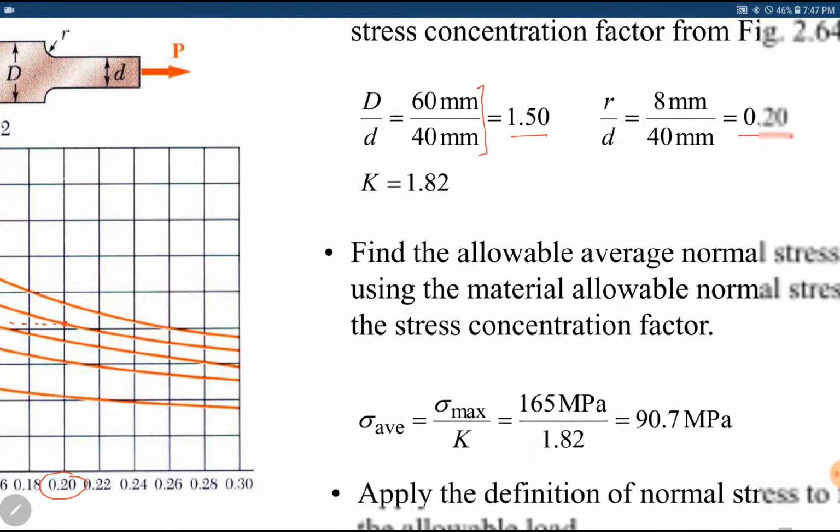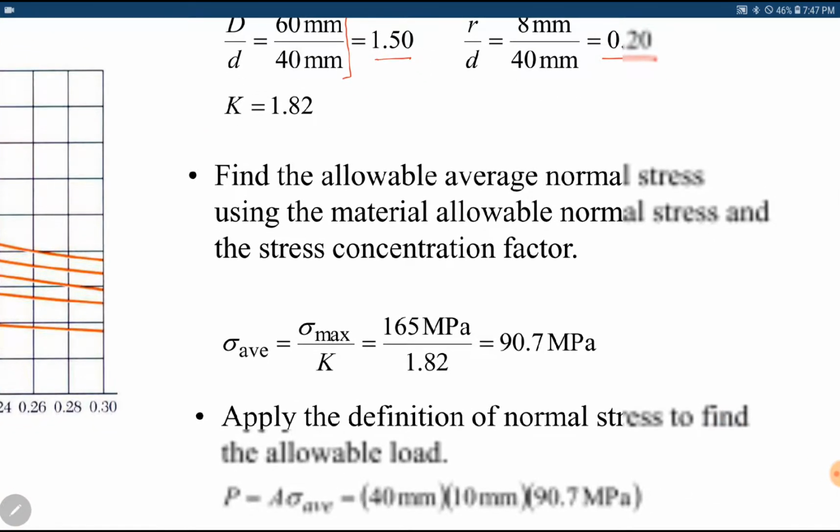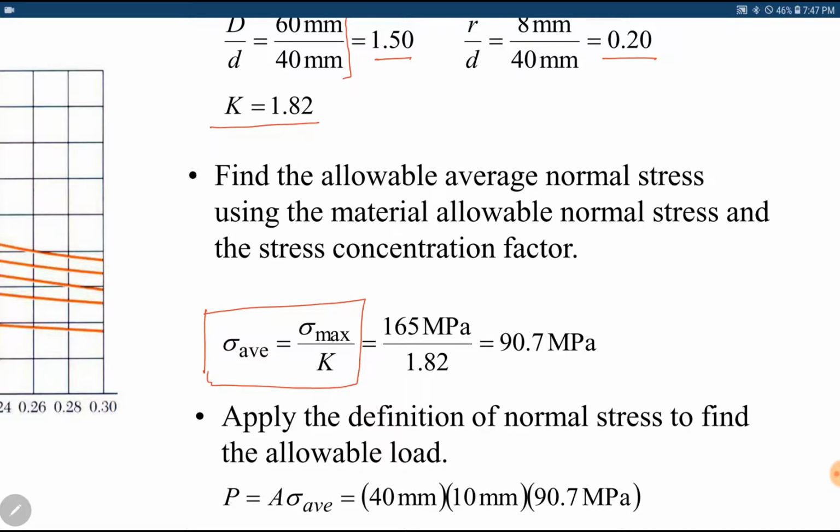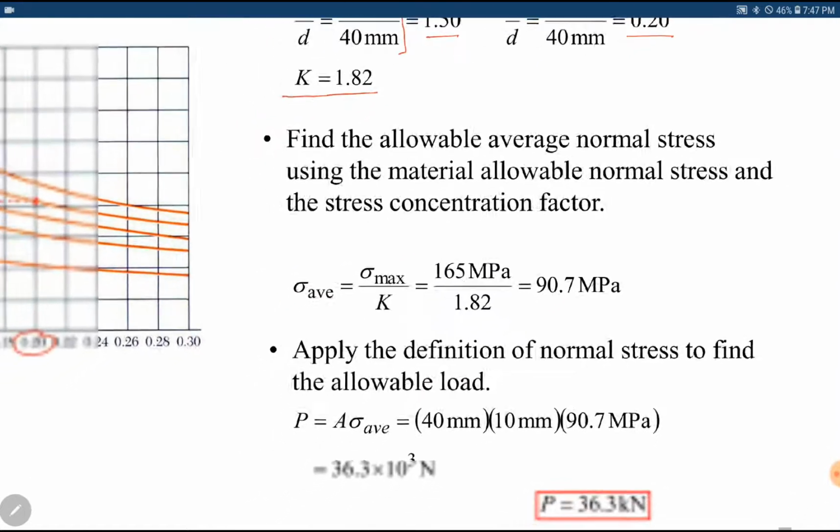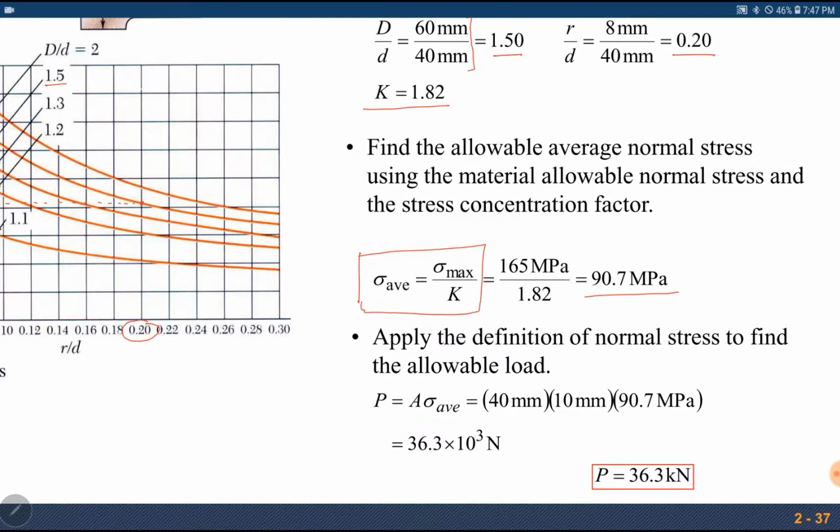If we know the value of K, we can find from this expression the value of sigma average. Because sigma maximum is already given, it is 165 megapascal. K has no units, so sigma average will be 90.7 megapascal. Now, load is equal to area times stress. Which area do we have to take?